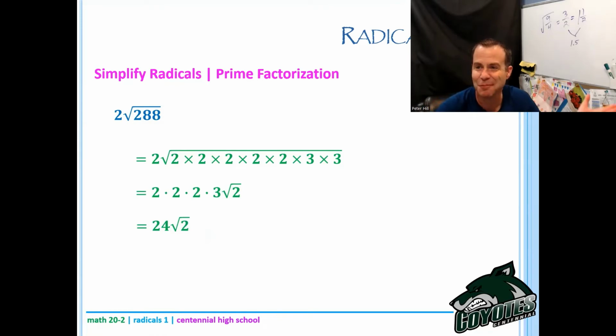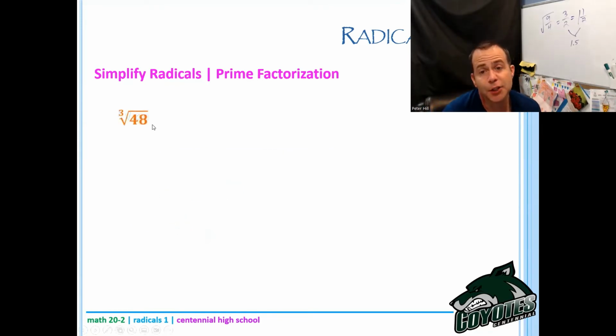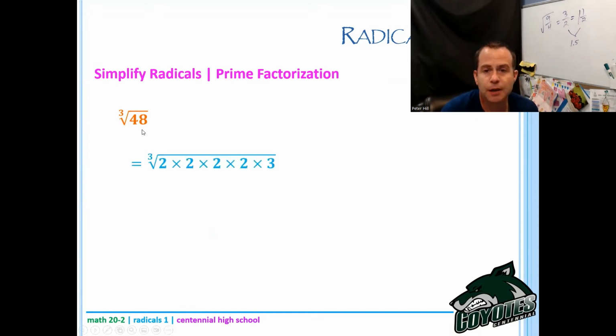Awesome. See, we can do this. This is great. Okay, then cube root of 48. Same conversation. I'm still going to break it down into prime factors. The difference here is I need to find sets of 3 that will come out to be 1, because now I'm looking at cube roots instead of square roots. So the cube root of 48 breaks down into 2 times 2 times 2 times 2 times 3.